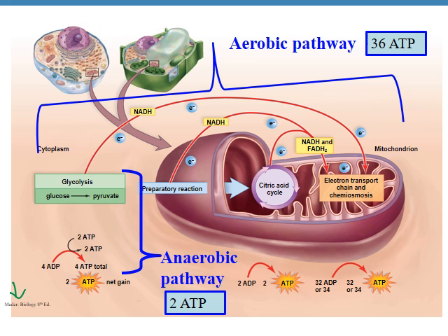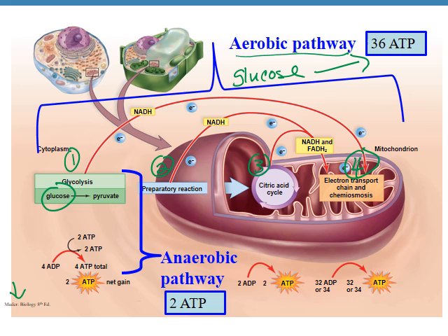Here's a figure from a general biology book, but I like the simplicity of it. So here is the aerobic pathway. There are 4 steps to the aerobic pathway. We're not going to look at those in detail, but aerobic pathway, you start with glucose and you end up with 36 ATPs.